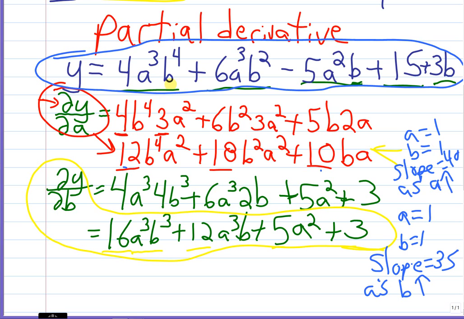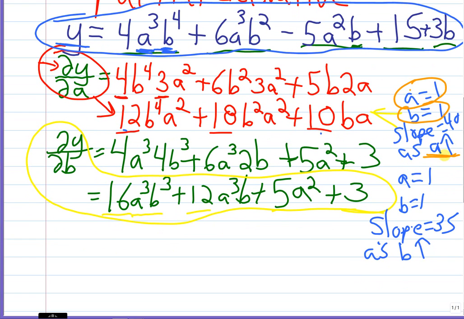Maybe this is a production function, and this tells you how many cars you can produce, depending on how many workers you have and how many machines you have. A workers, B machines. If you had one worker and one machine, how fast will your production increase if you increase the number of A workers? You'll get 40 more output, is what that slope would tell you.